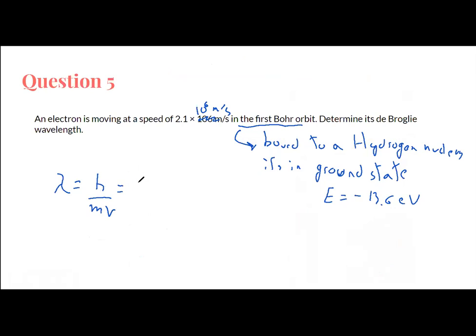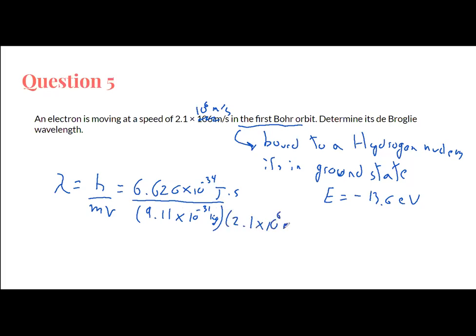I don't expect you to know the mass of an electron, but it's a good thing to know if you want to keep doing physics. It's 9.11 times 10 to the negative 31 kilograms. That's something I would just give you if I ask on the final. And then the speed of the electron is 2.1 times 10 to the 6.